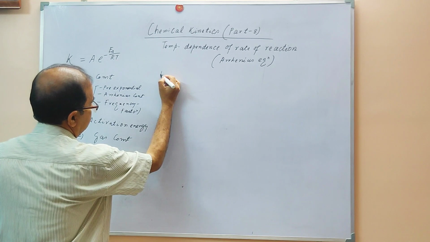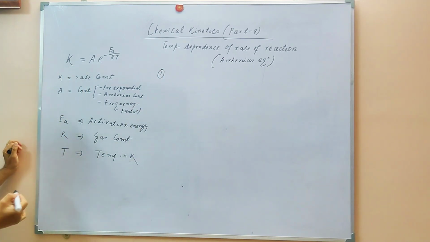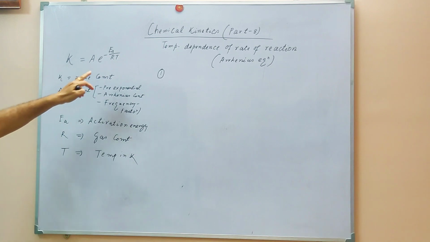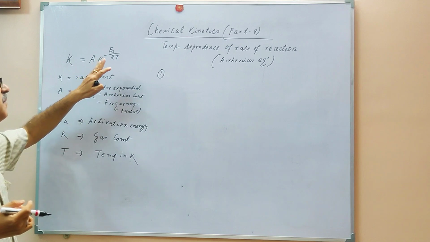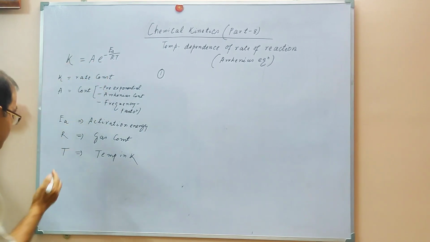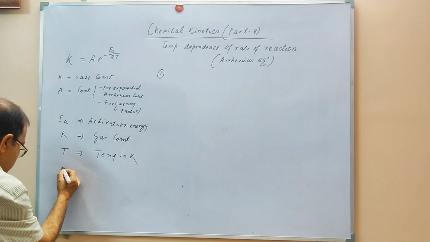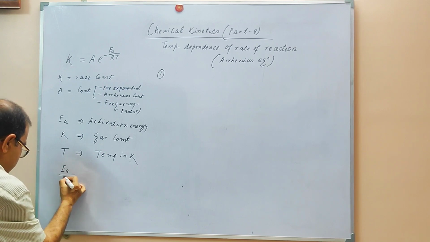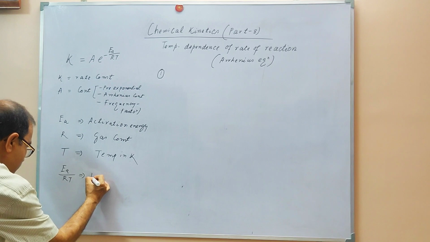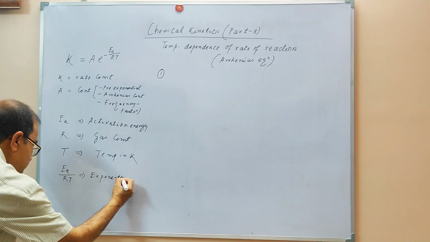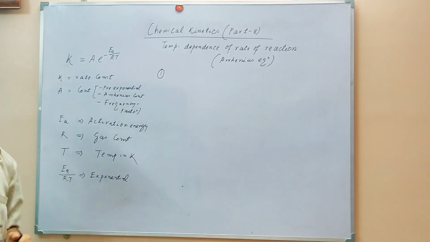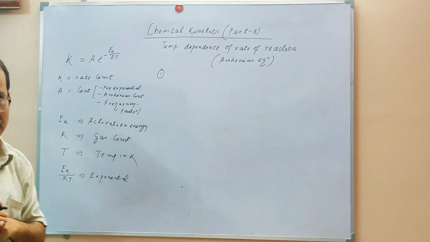And from this equation, first thing, if we increase this T then what is going to happen? This term, e to the power minus EA by RT, is called the exponential term. This exponential term will decrease, and you can see the minus sign.